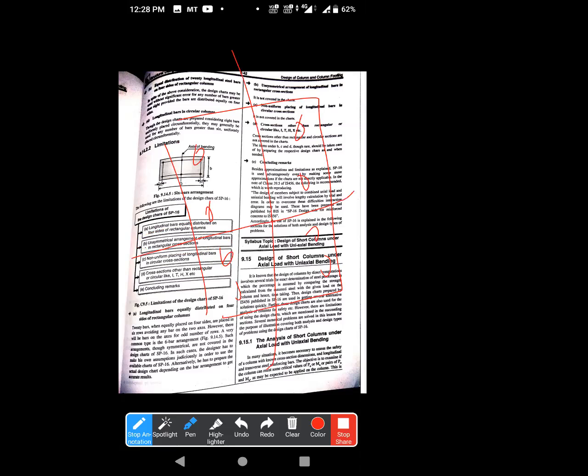Again, this is the symmetrical condition. But if you are arranging in an unsymmetrical manner, then this is not a symmetrical condition, it is unsymmetrical. Therefore you can't use the charts for the determination.